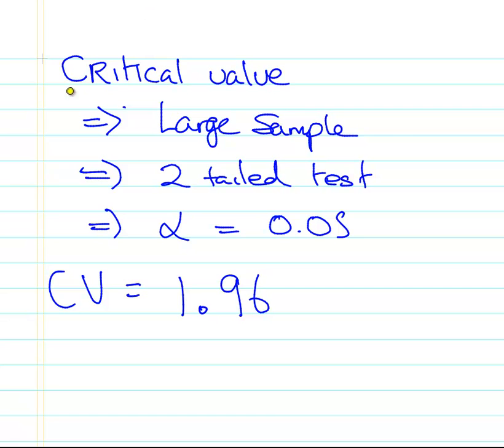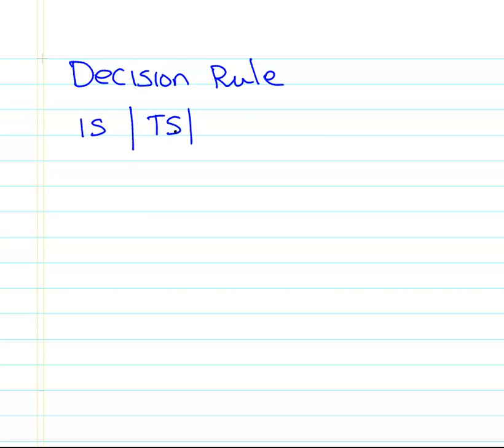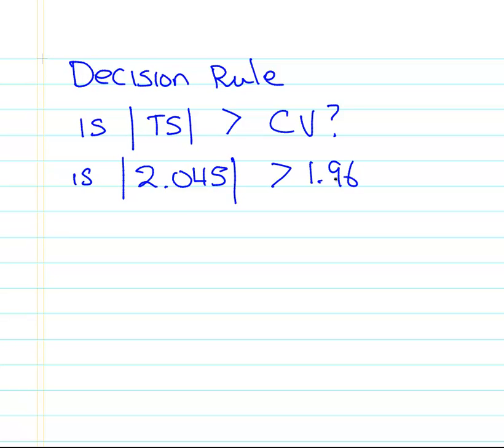So finally, the decision rule, as always, is we compare our test statistic to our critical value: is the absolute value of the test statistic greater than the critical value? Is the absolute value of 2.045 greater than 1.96? Yes, it is. We reject the null.